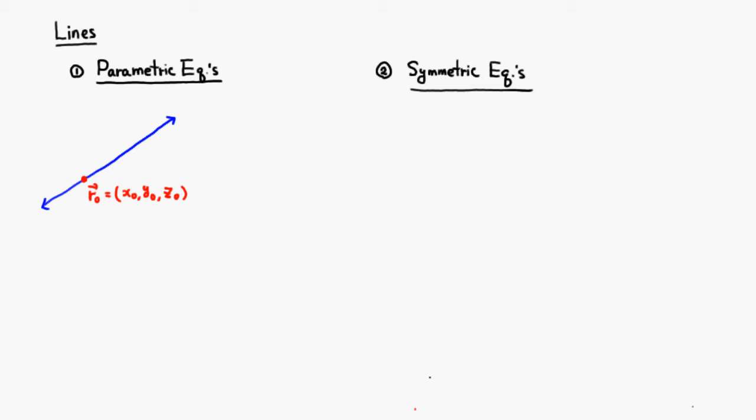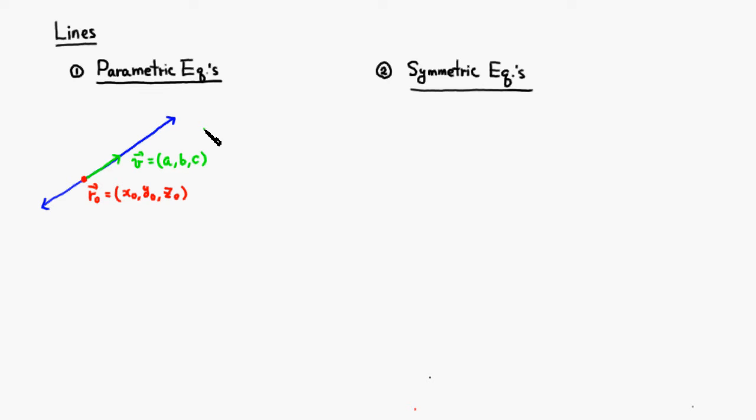And then there's a direction vector. You can go either direction, but here is the direction vector. Let's call that v, which has components a, b, c.